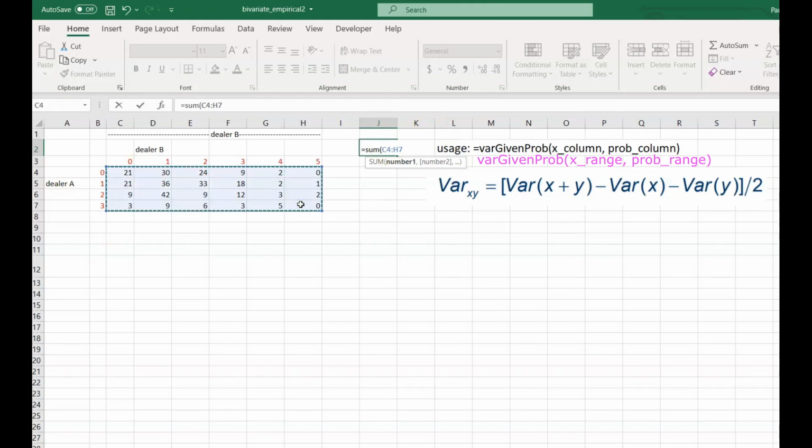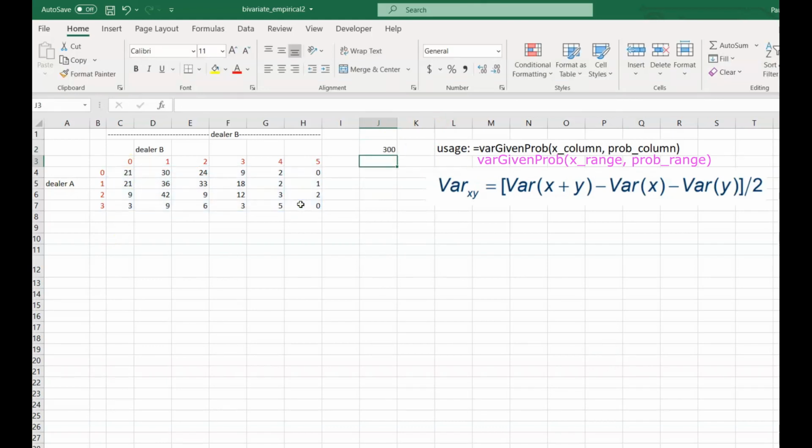I'm going to calculate the variance of the first variable, so let's assume A. We calculate the probability of dealer A, which should be how many days divided by 300.